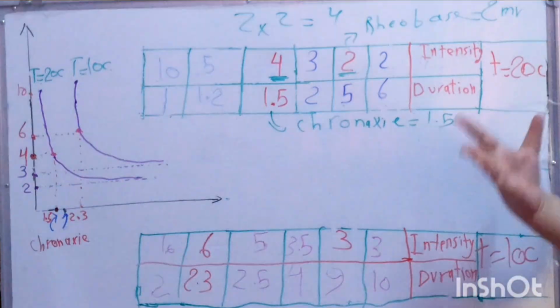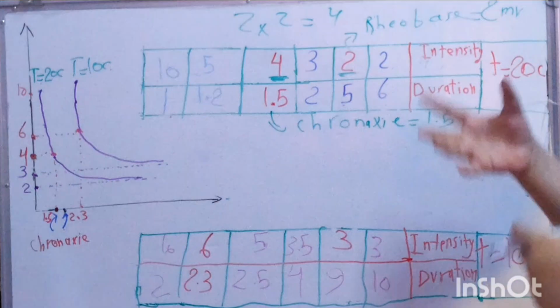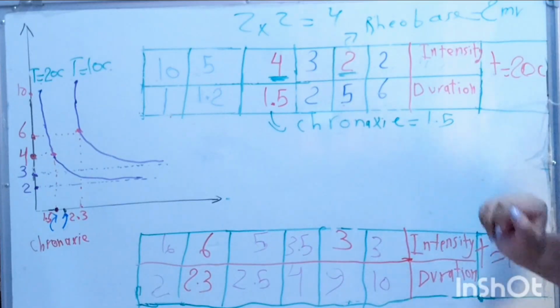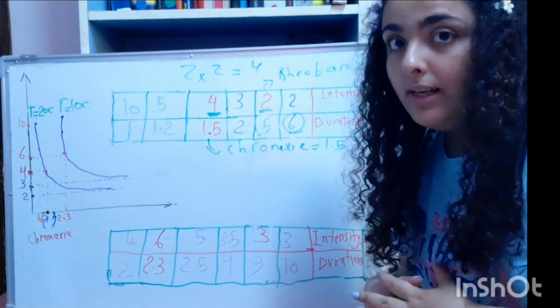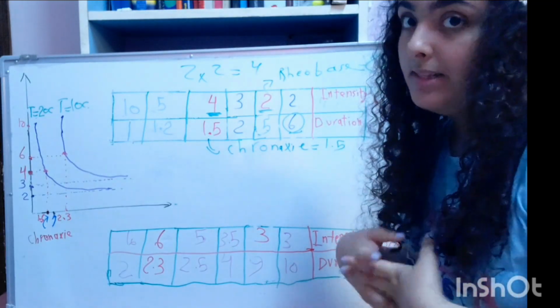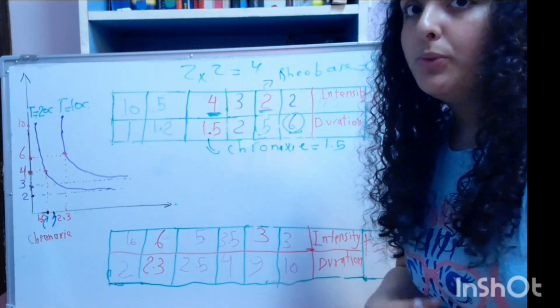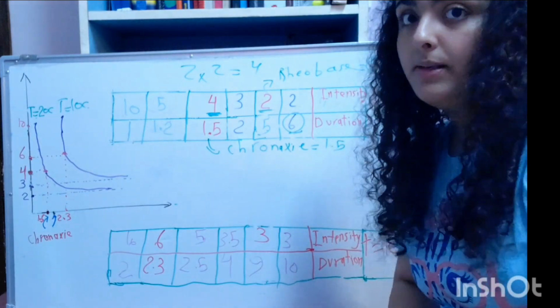So when you understood how we can find the Rheobase and chronaxy when the table is given, you actually understood my explanation. After studying the inverse relationship between intensity and duration, we'll move to the inverse relationship between chronaxy and excitability.